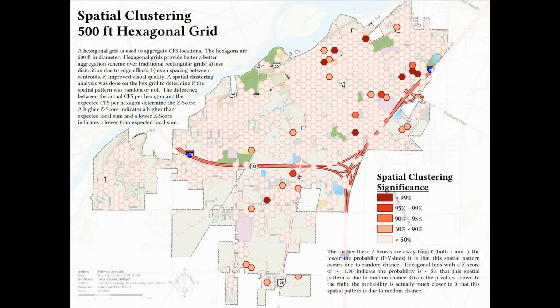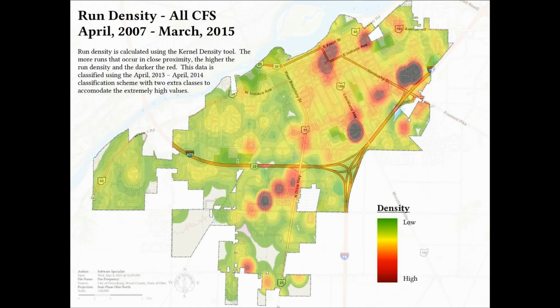So with kernel density, there's no statistics here. It's basically saying, all right, if you have a lot of points close together right here, it's going to be a darker color because there's a lot of points close together. There's nothing statistically significant about it. It's just, yeah, there's a lot of points close together, so it makes a darker color on the map.